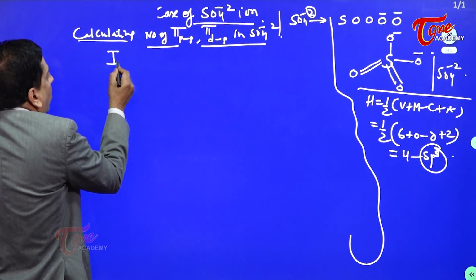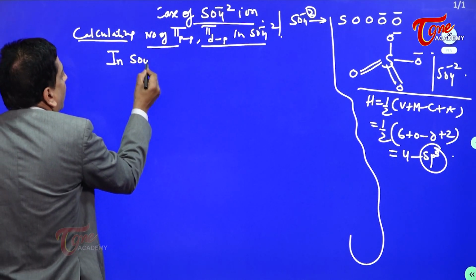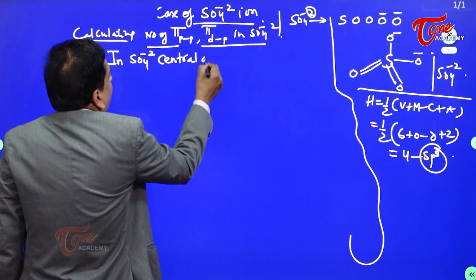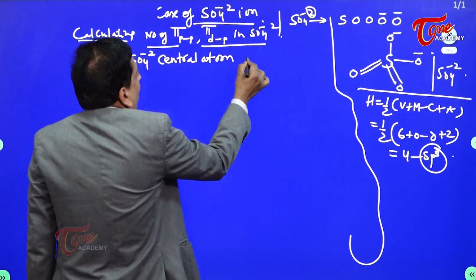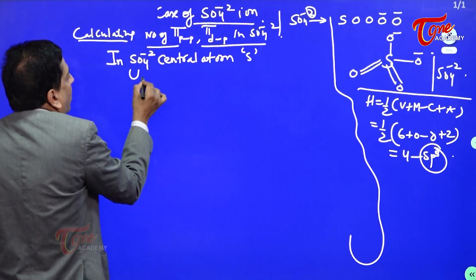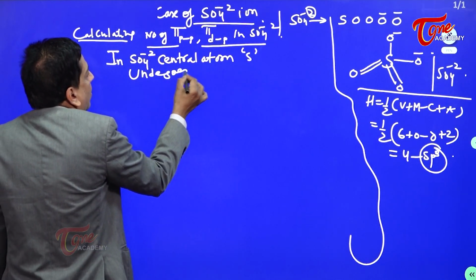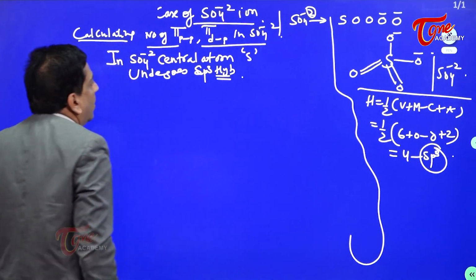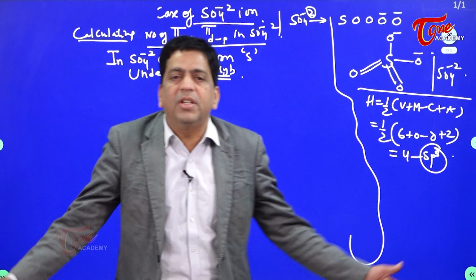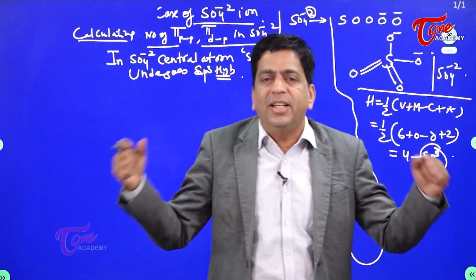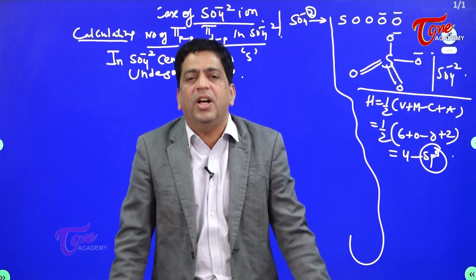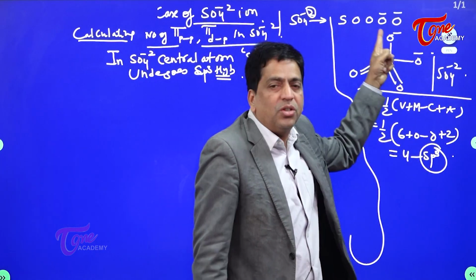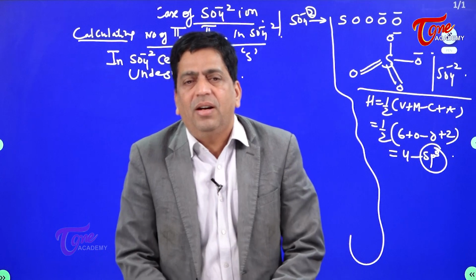In sulfate ions, central atom sulfur undergoes sp3 hybridization. When it is sp3 hybridization, everything is fixed. The bond angle is 109 degrees 28 minutes and the shape is tetrahedral. You can actually see the shape looking like tetrahedral itself. You must understand. Right? So it is tetrahedral.